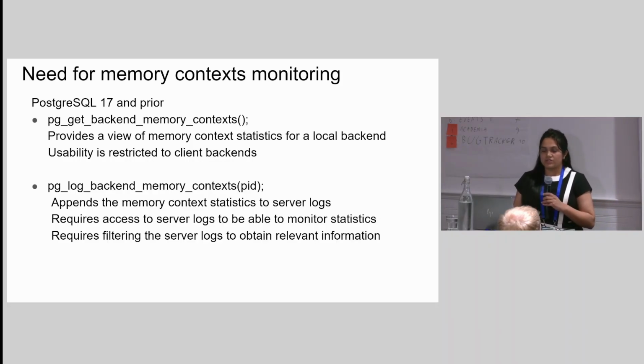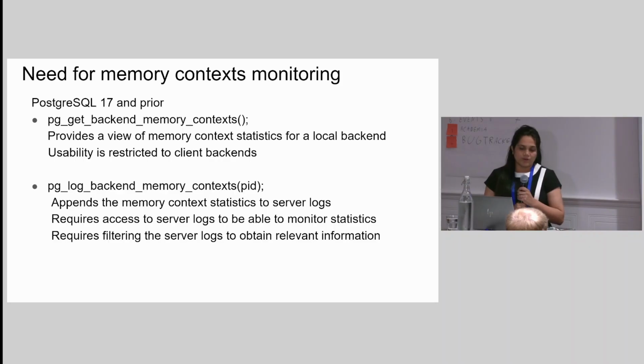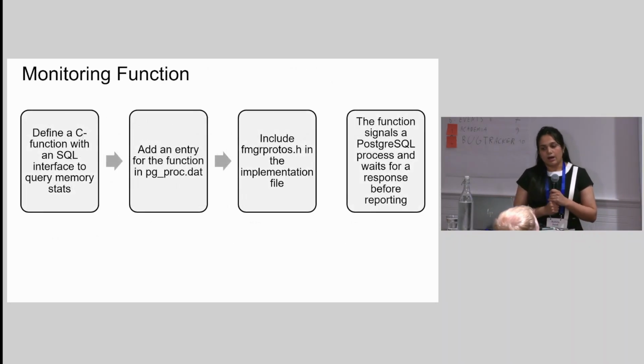So it is restricted to client backends, and it can't be used for auxiliary processes, WAL writer, or any other process in Postgres. pg_log_backend_memory_contexts is another such function, and it appends the memory to logs, but again, one has to go through all the logs and filter them to actually get the stats. So there is scope for improvement here, and that's what the monitoring function is handling.